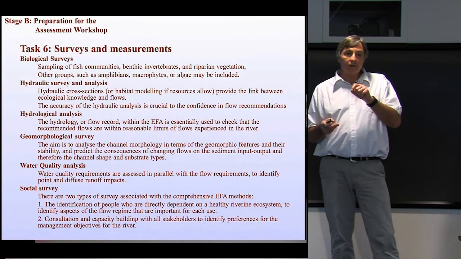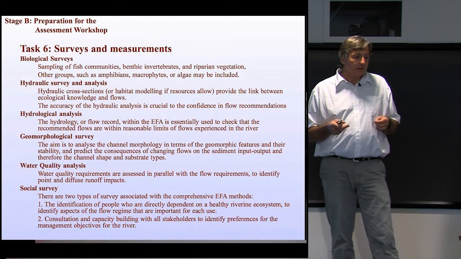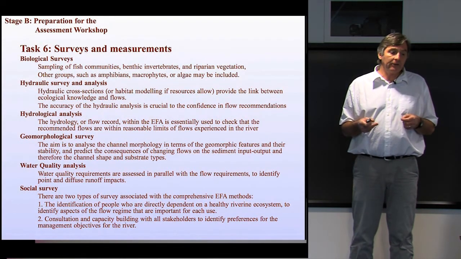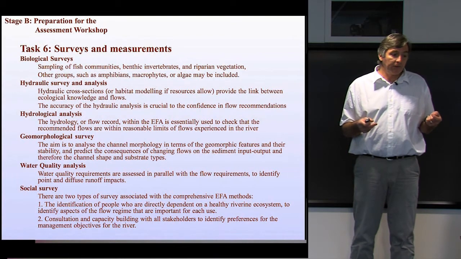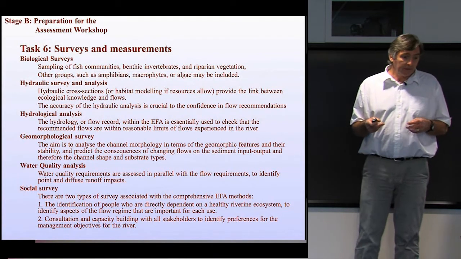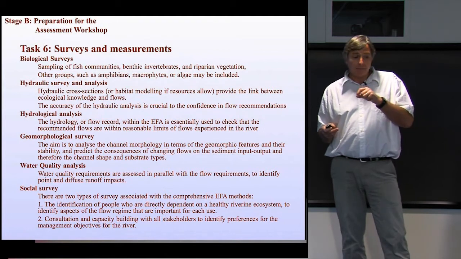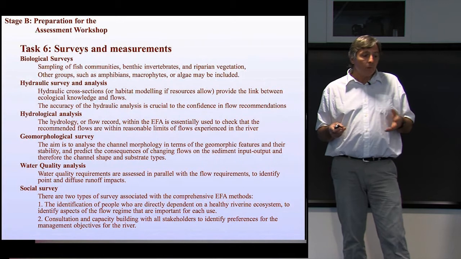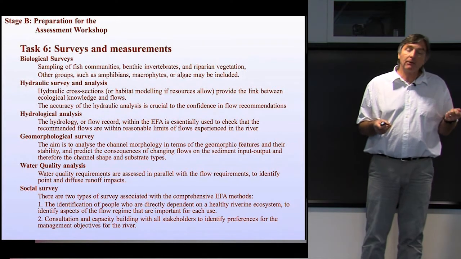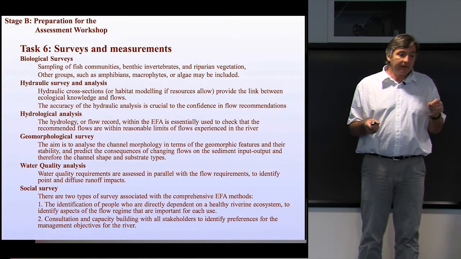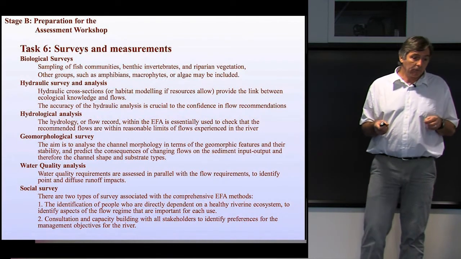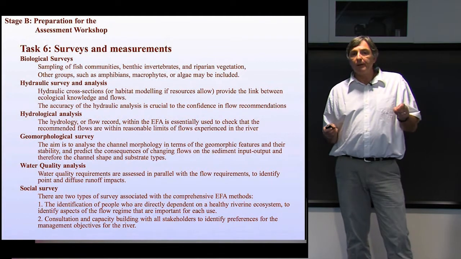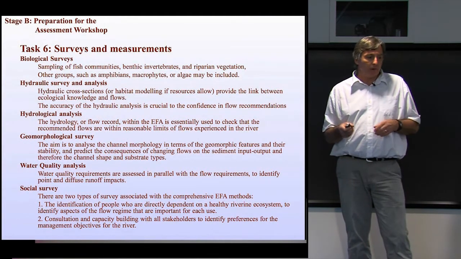The geomorphological survey to analyse channel morphology and predict consequences of changing flows on sediment input-output, and therefore on the channel shape, substrate types and habitat types. The water quality analysis. Water quality requirements are assessed in parallel with the flow requirements to identify point and diffuse runoff impacts in order to be able to predict what will be the water quality changes with differing flows.